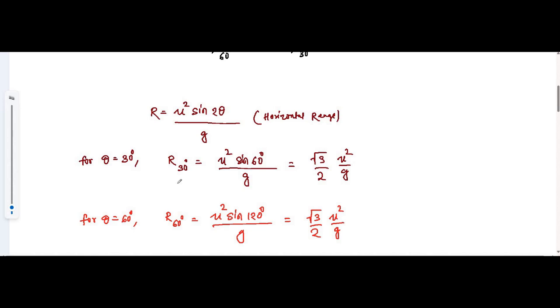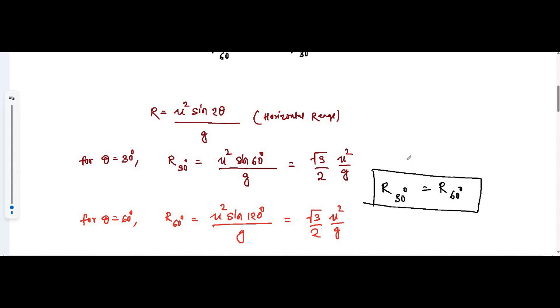Okay, so here in both the cases the horizontal range is the same, root 3 by 2 u square by g. So here we have proved mathematically from the formula that the range for theta equal to 30 degree is the same as for theta equal to 60 degree.